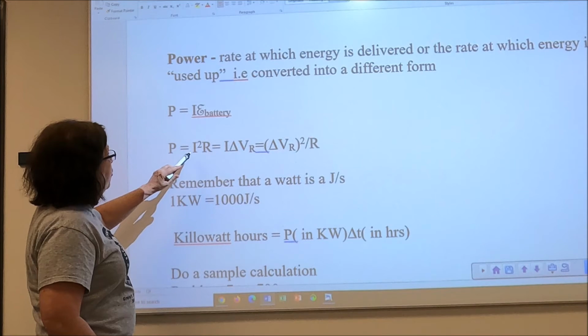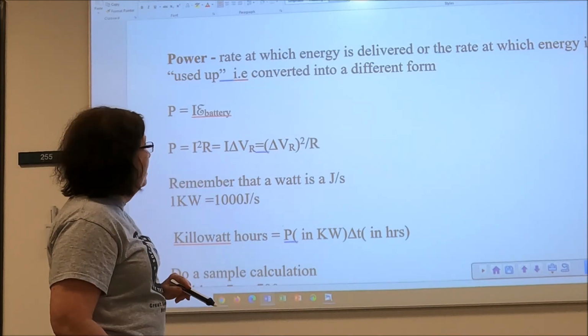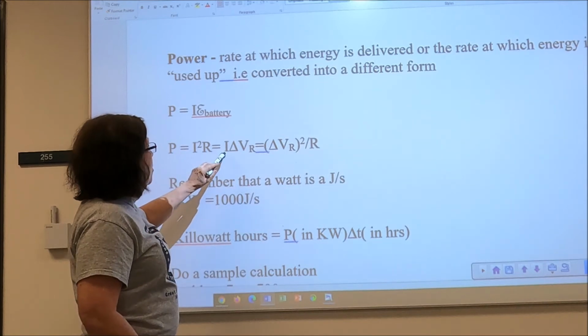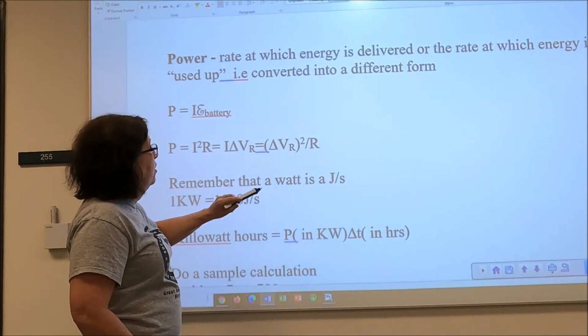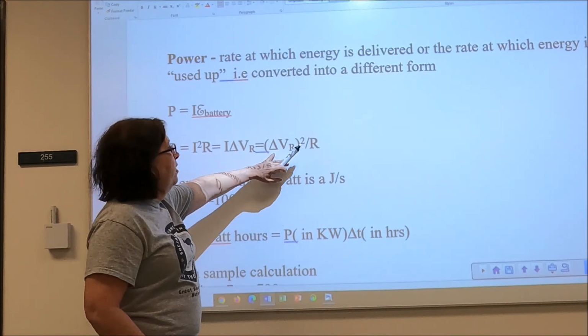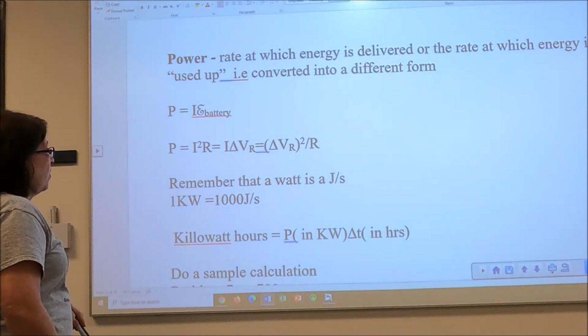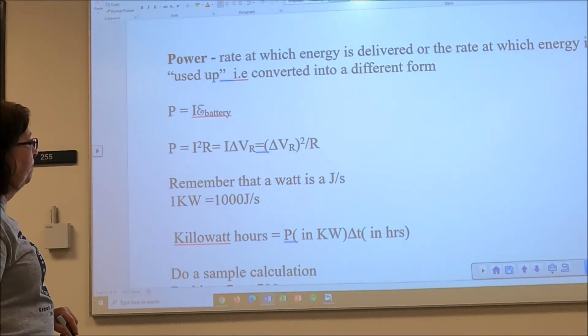So power can also be thought of as I squared R, the amount of energy being dissipated by a resistor, or delta V squared divided by R, the electrical potential over the resistor squared divided by R. So there's 3 different ways you can calculate power.